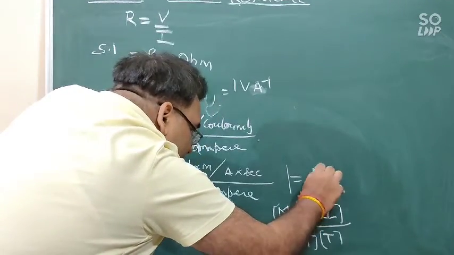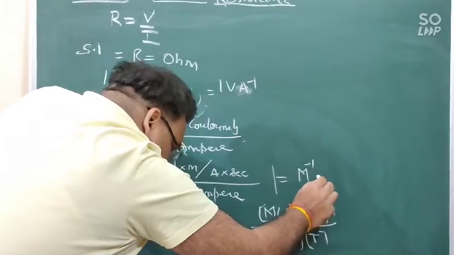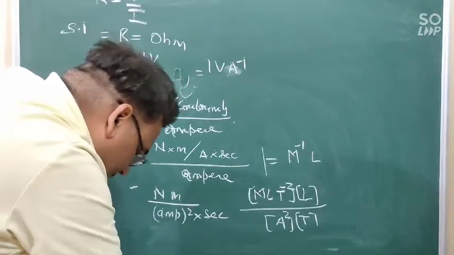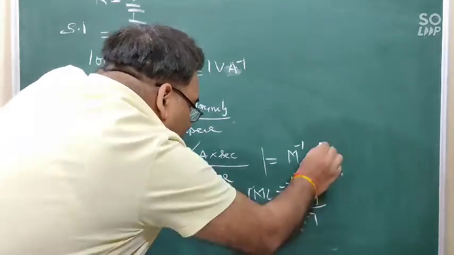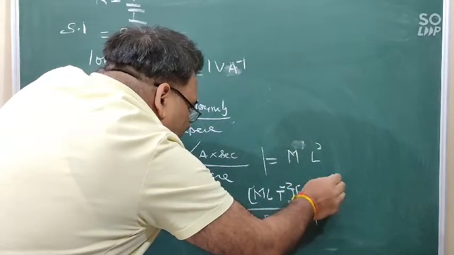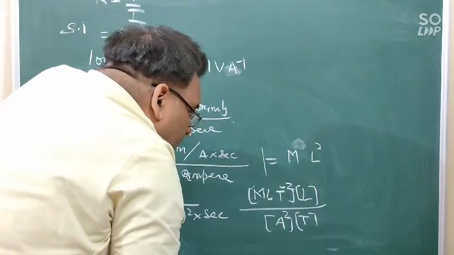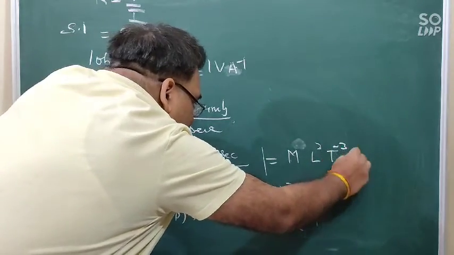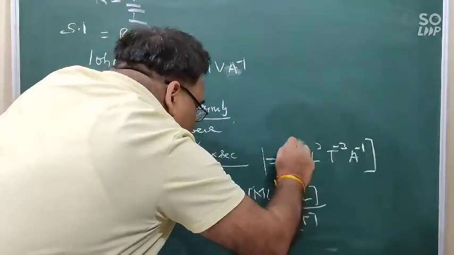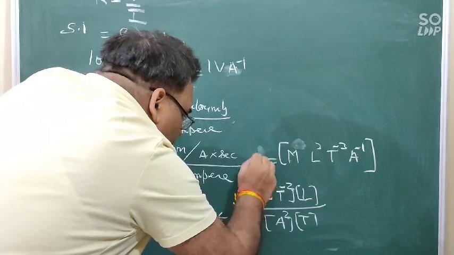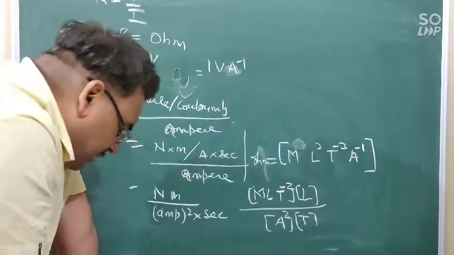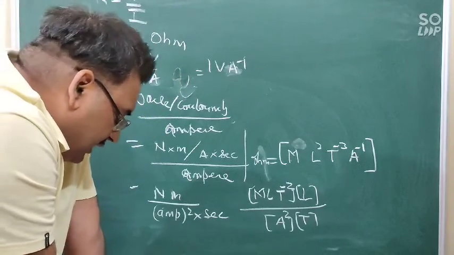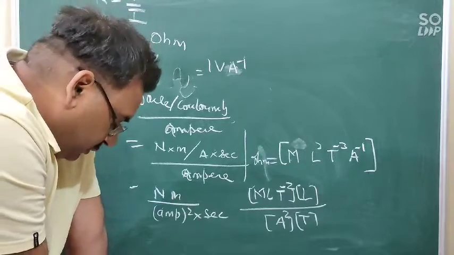M L square T minus 3 A minus 2. This is the dimension for ohm. So dimension for resistance is M L square T minus 3 A minus 2.